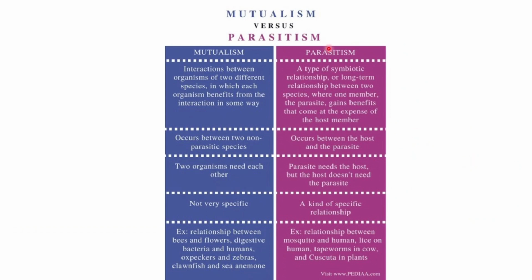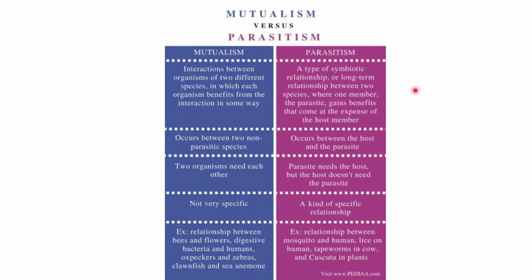But there is also another option, which is called parasitism. How do these two concepts differ from each other? When the relationship is beneficial to both the parties, it's called mutualism. But when this kind of symbiotic relationship is only beneficial to one party and the other party is being harmed by it, that is called parasitism.